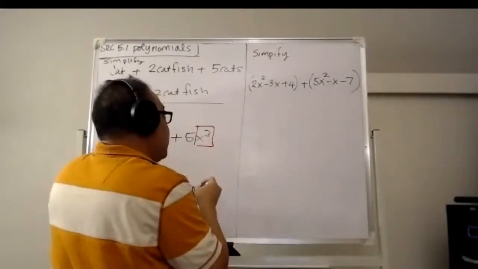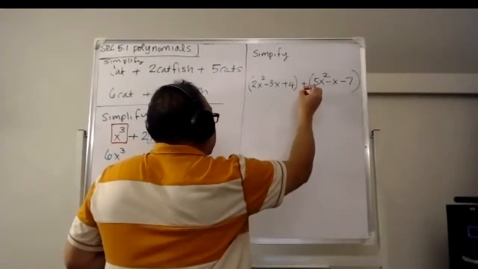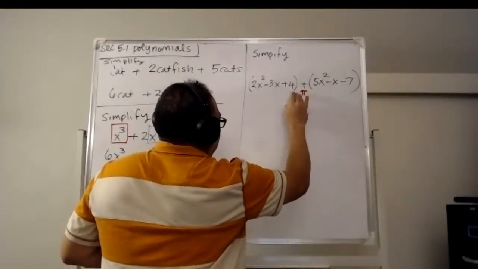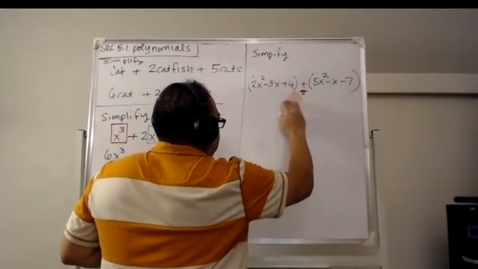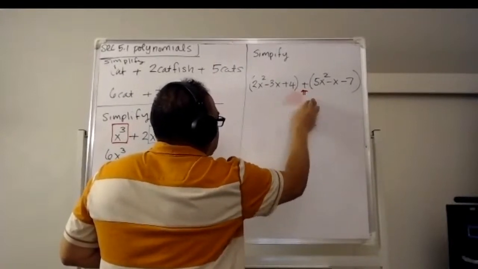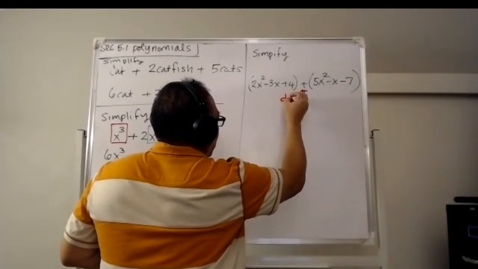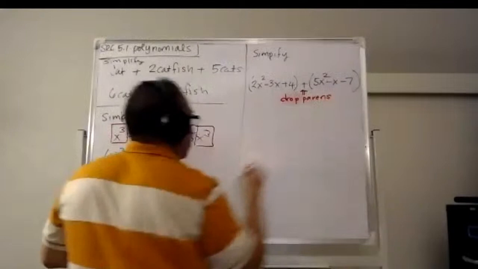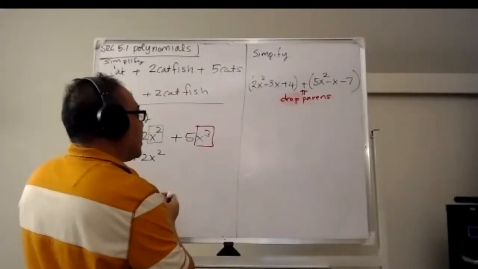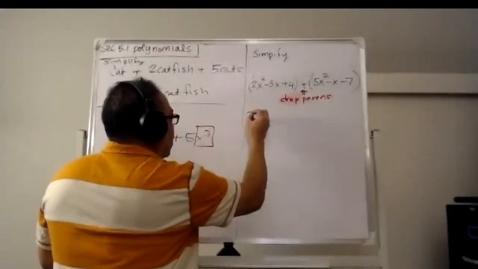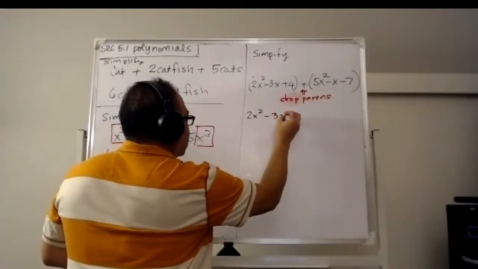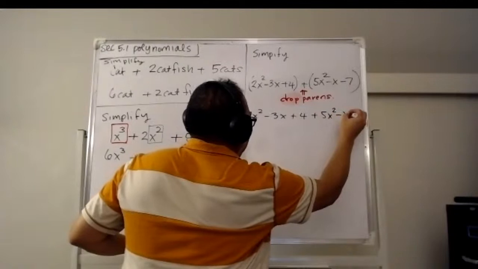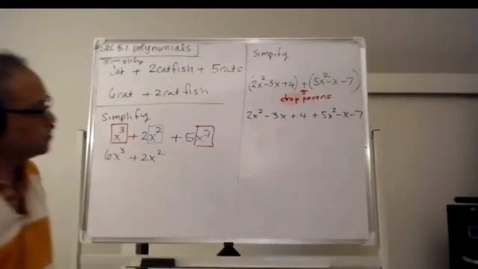Now, notice that in between, this is a plus. You can just drop the parentheses. So now you have 2x squared minus 3x plus 4 plus 5x squared minus x minus 7.